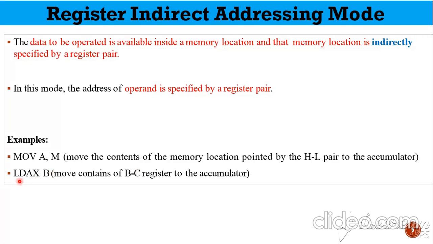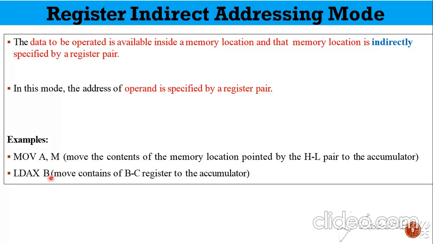For example, LDAX B indicates move the contents of the memory location pointed to by the BC register pair to the accumulator. So this register will be specifying the memory location, and in the memory location there will be data. So that is the register indirect addressing mode. That is, in the instruction the register will be indirectly specifying the memory location.